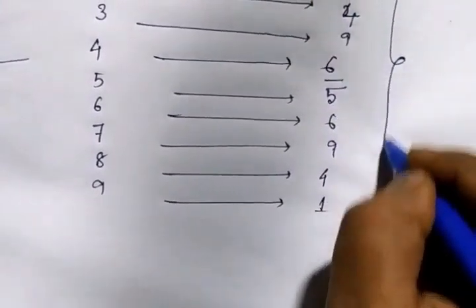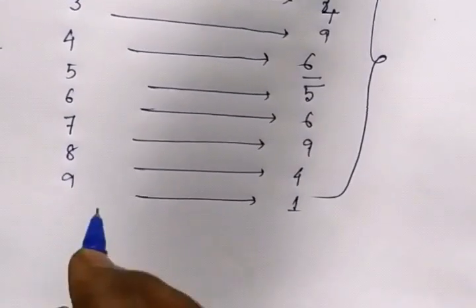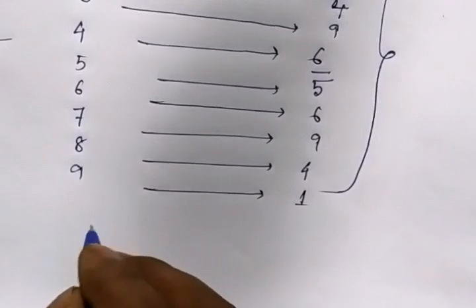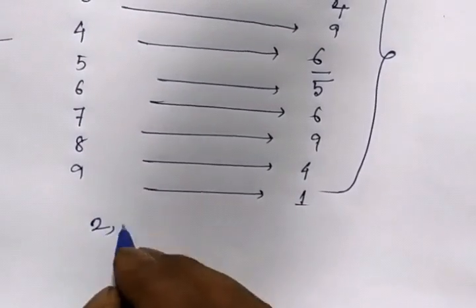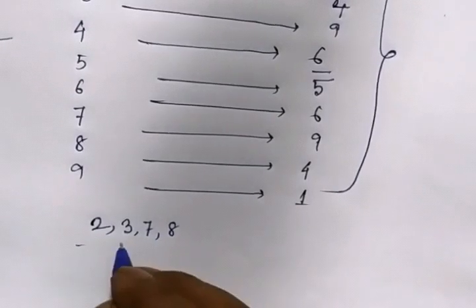So these are all the possible digits in the unit place. We cannot get a perfect square number whose last digit is 2, 3, 7 or 8.